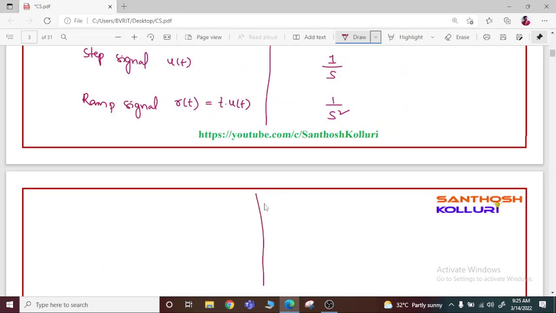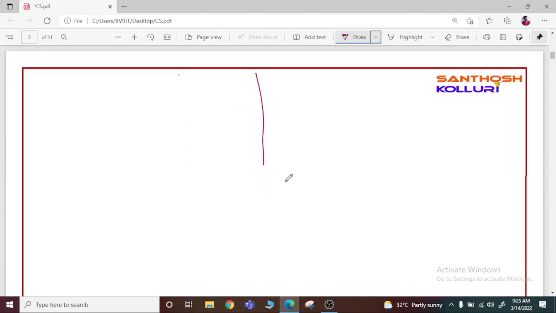Similarly, if the input is t power n into u of t, then its Laplace transform is n factorial by s power of n plus 1.